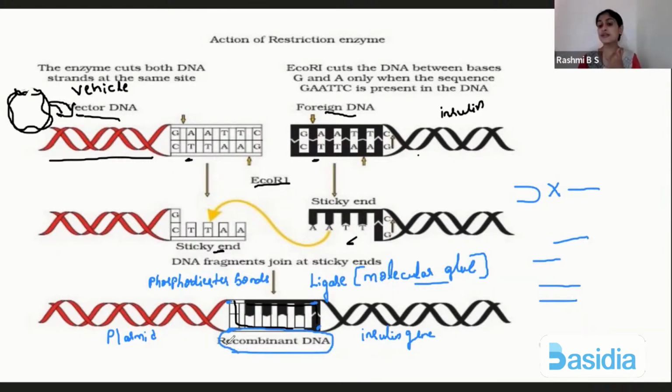Absolutely. This is nothing but recombinant DNA, right? So when you have a foreign DNA in some vector molecule, that vector molecule plus foreign DNA gives you recombinant DNA. Is it clear, children?